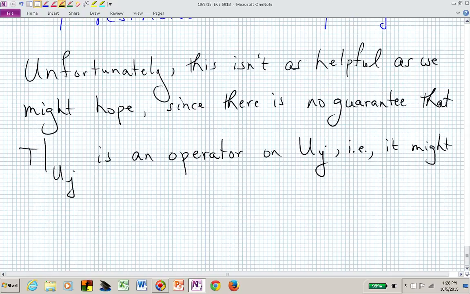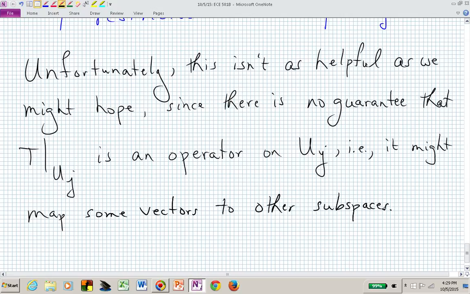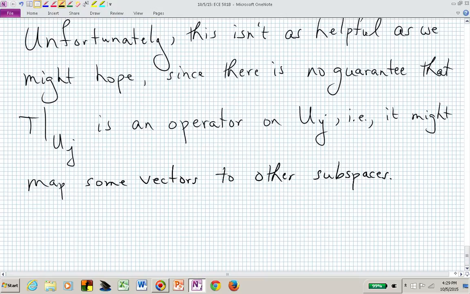That is, that operator might map some vectors to other subspaces. Meaning we might have a vector in u sub 1, we apply the linear map to that vector, and boom, the result may not end up back in u sub 1. That's what we're trying to say.